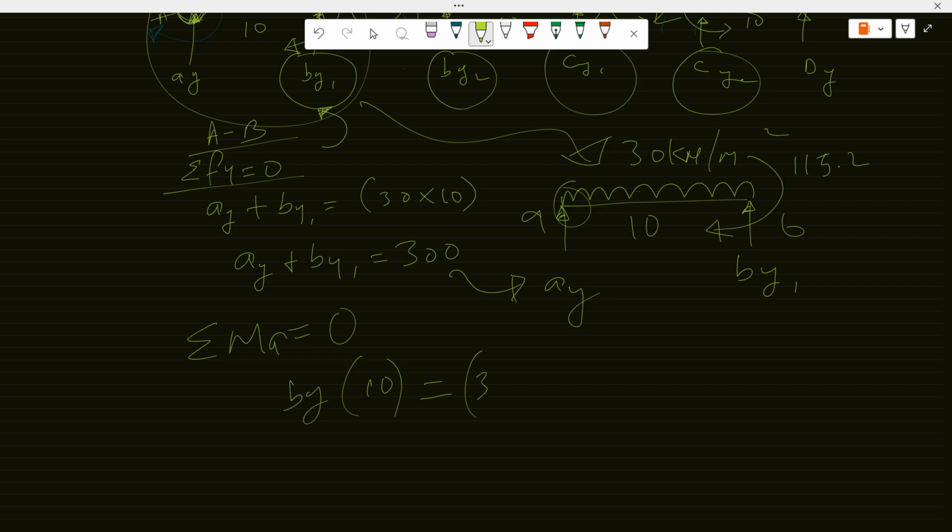And the UDL rotates it in the clockwise direction: 30 times 10 times 5, plus 115.2.